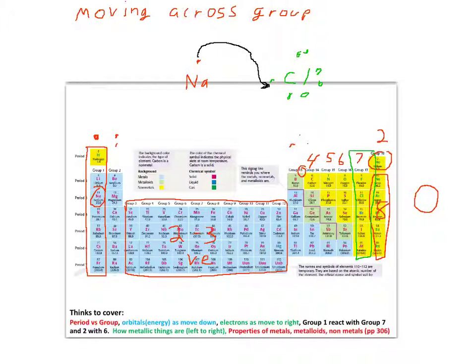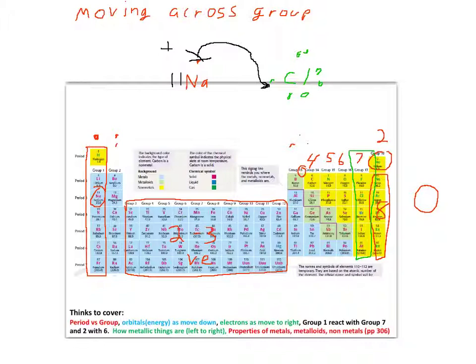And what that does is it puts a charge on sodium. So when this electron's no longer here anymore, it had 11 protons, and it used to have 11 electrons, but now it only has 10, and that puts a positive charge on sodium.